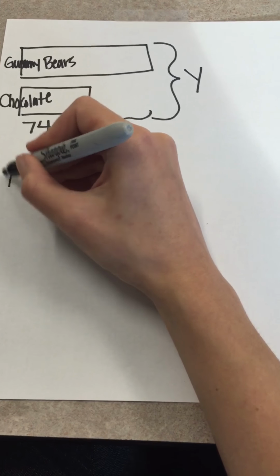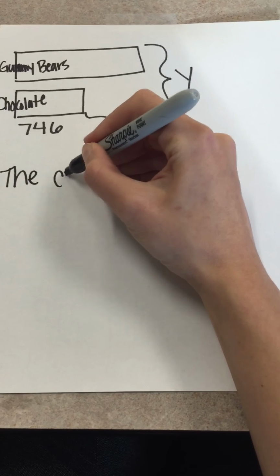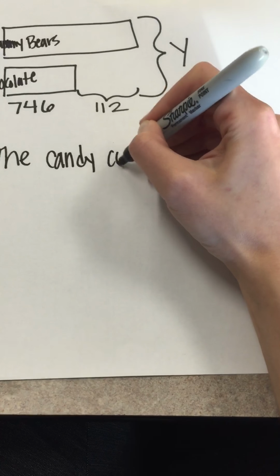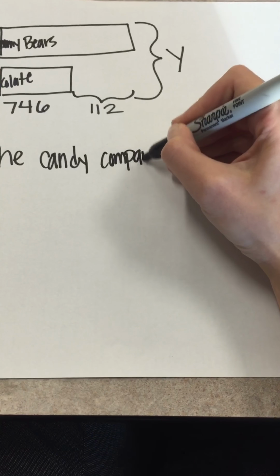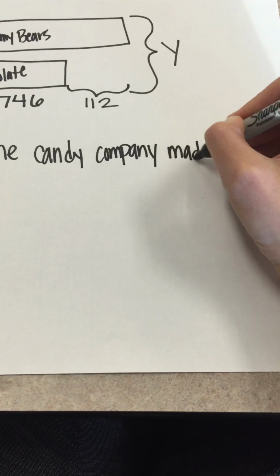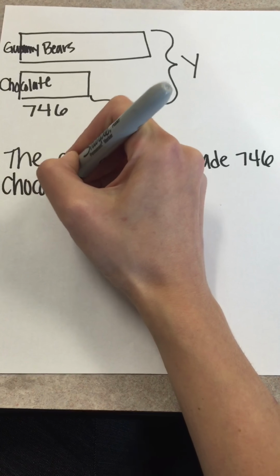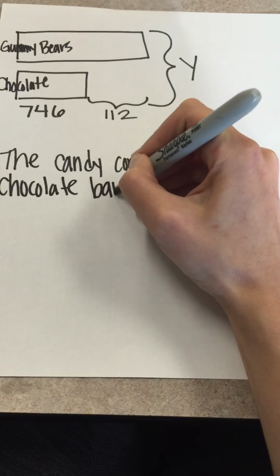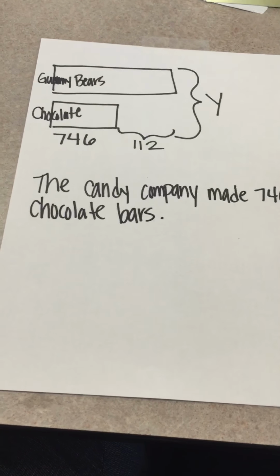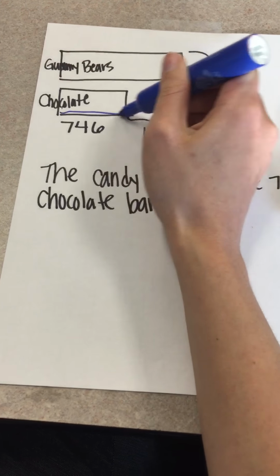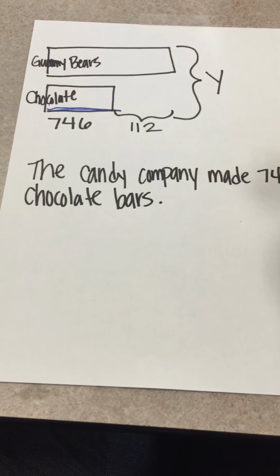Let's see. The candy company made 746 chocolate bars. That is this part of the problem.